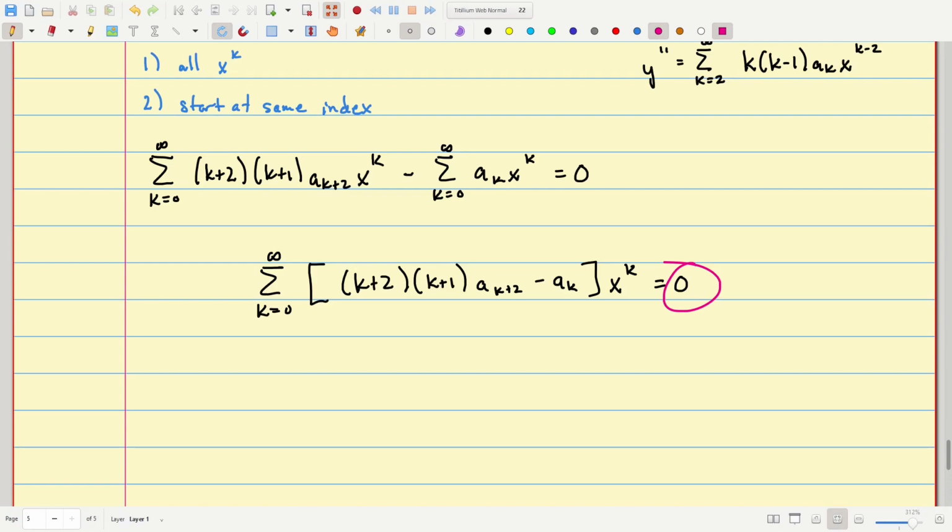If I have a polynomial that is identically equal to 0, meaning equal to 0 everywhere, what does the formula for the polynomial have to look like? Everything has to be 0. So that means that each of these must be 0.